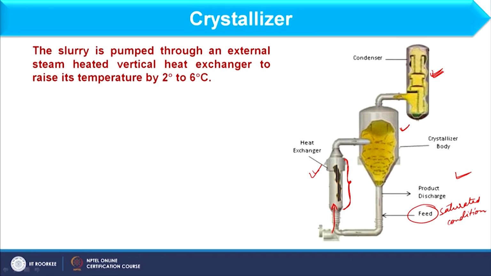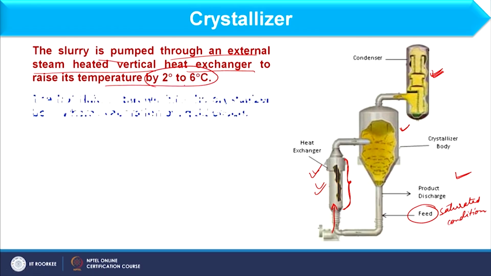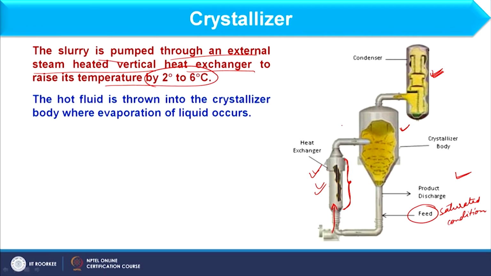So, the slurry is pumped through an external steam heated vertical heat exchanger, which is nothing but this, to raise its temperature by 2 degrees Celsius to 6 degrees Celsius. When we consider this solution which is heated up, it is basically at saturation condition over here, and after this it enters into this vessel.